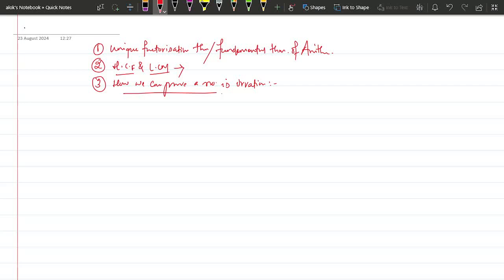So we will start with the unique factorization theorem. What is the statement?